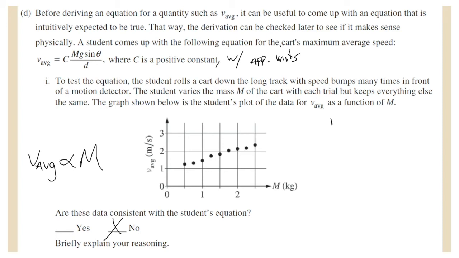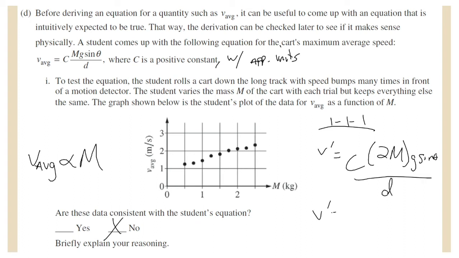Well, let's think about the 1-1-1 rule. The 1-1-1 rule shows that if the mass of this object doubles, then what we would expect to see is a doubling of the average velocity. Okay. Yeah, that makes sense, right? If you just plug in the 2, you're going to pull the 2 to the outside and just get twice the average speed. So if your mass is 1 and the velocity is, I don't know, let's call that 1.3 or something, then when the mass is 2, we should see a velocity like 2.6, and it's just barely over 2.